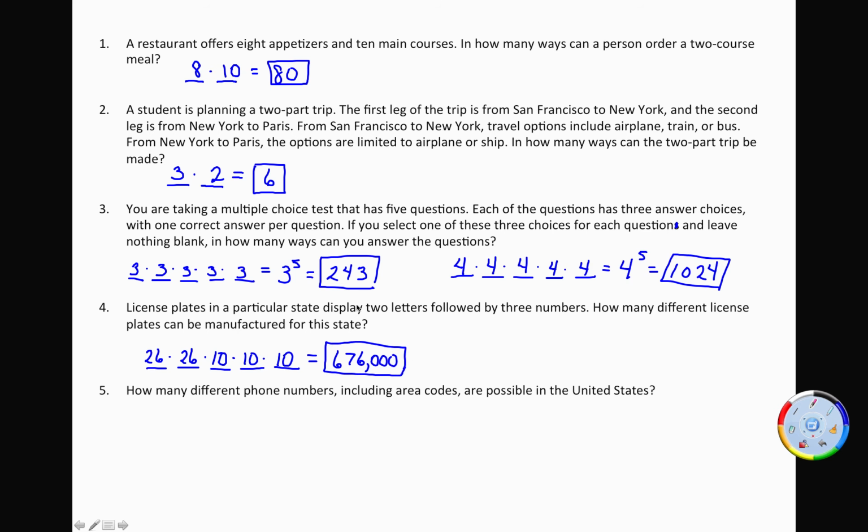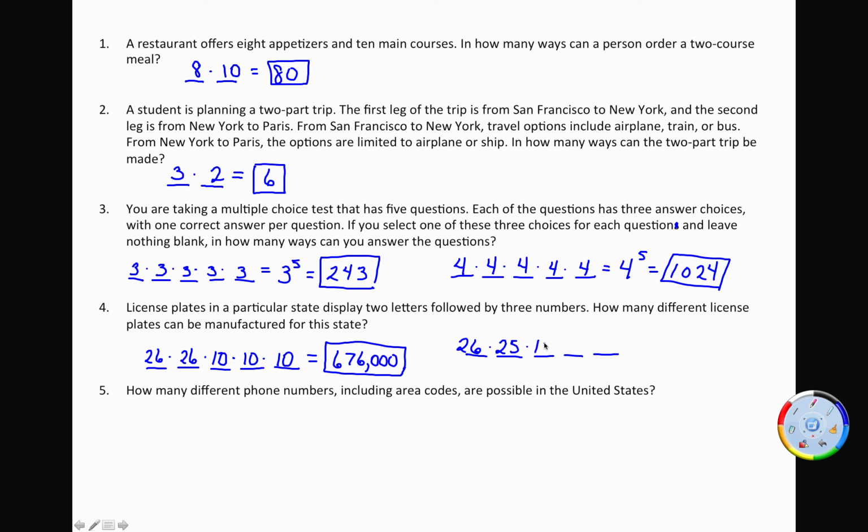What if we had the same question, but it said you could not repeat numbers or letters? I still have 5 options, 2 letters and 3 numbers, but this time after I put a 26 in my first spot, if I cannot use that letter that I put in the first spot again, I can't repeat, then there's only 25 choices left for letters to put in the second spot.